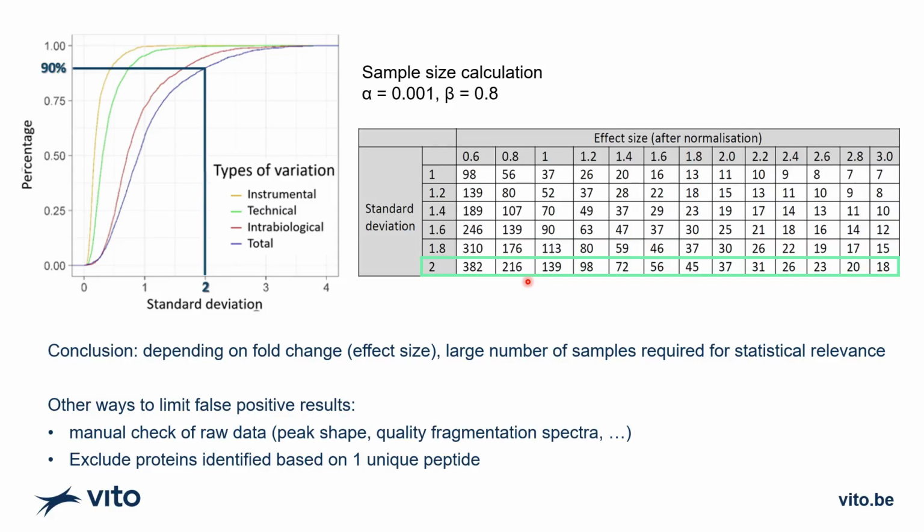You can do a manual check on your raw data from your proteomics experiments, check the peak shape, check the quality of your fragmentation spectra, filter out results that you think are not sufficient from a quality point of view, and also exclude proteins that are based on just one unique peptide.